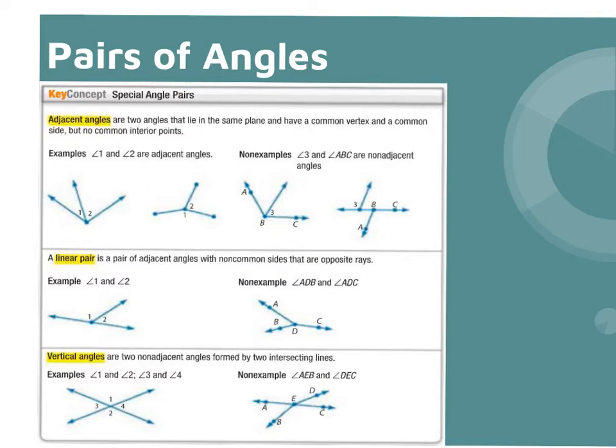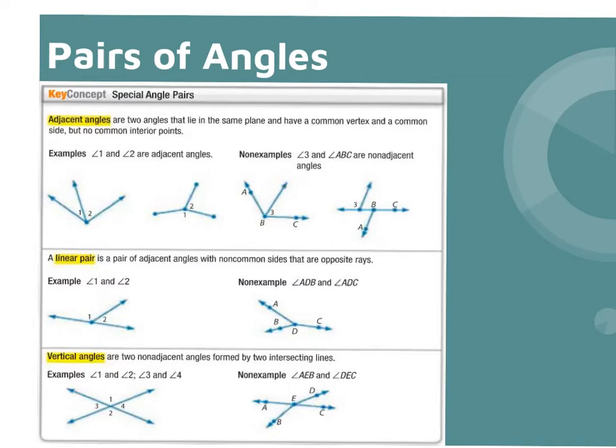These are non-examples. So angle 3 and angle ABC are non-adjacent because even though they have a common vertex and a common side, they have an interior point here.